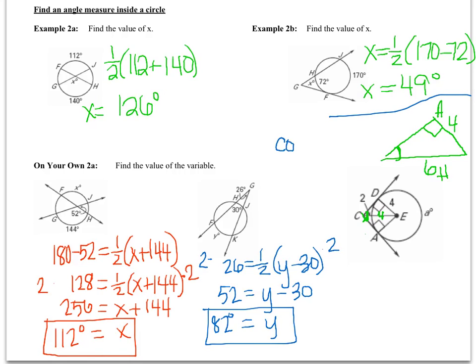So the cosine of my angle equals adjacent, which is 4, over hypotenuse, which is 6. To undo that cosine and find my angle, I'm going to do inverse cosine to both sides. If you put inverse cosine of 4/6 into your calculator, you'll find that your angle measurement is 48.2 degrees.